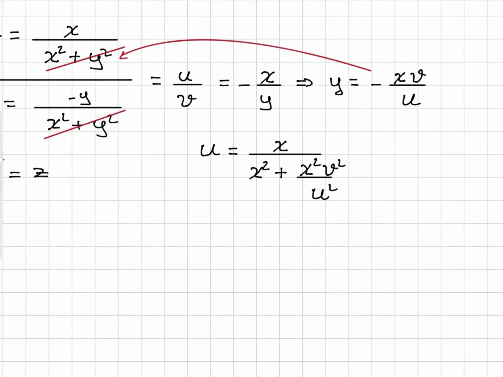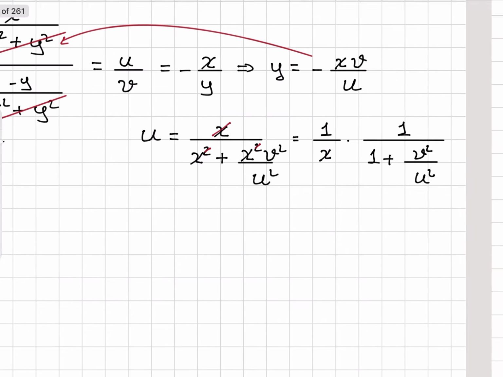And you can see that one of the x's will disappear. And I will be left with, if I take this into 1 over x parentheses, 1 over 1 plus v squared over u squared.